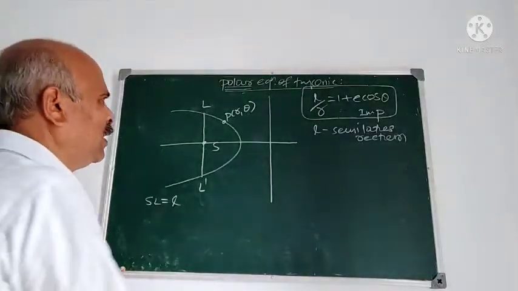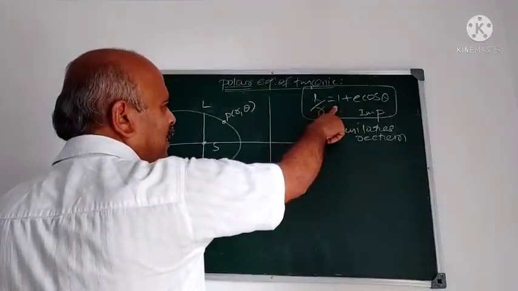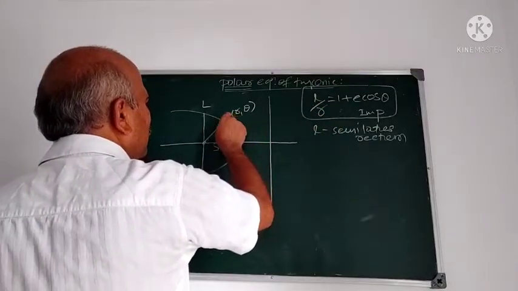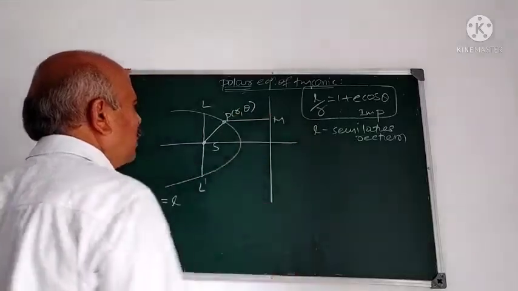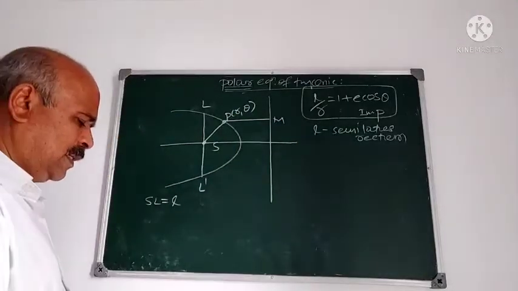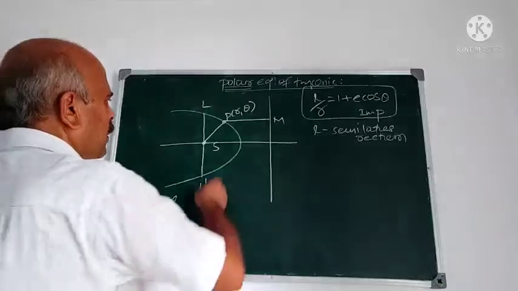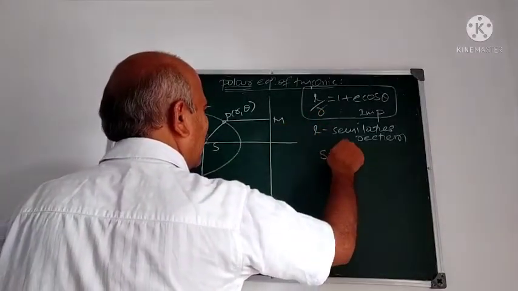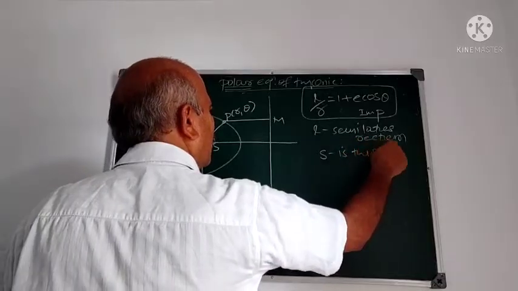SP by PM is E, and we get the equation of this arbitrary point P(R, theta). For that, join SP, draw PM perpendicular to the directrix. SP, PM. And one more important thing is S is the pole here.